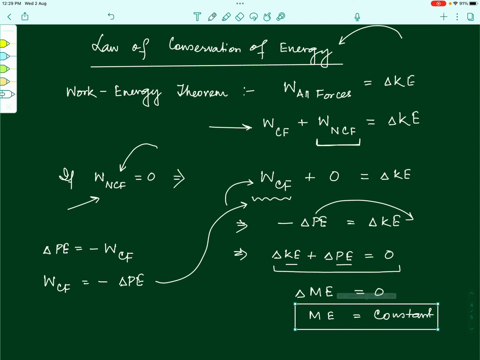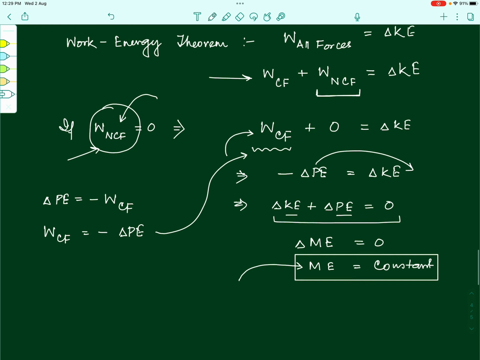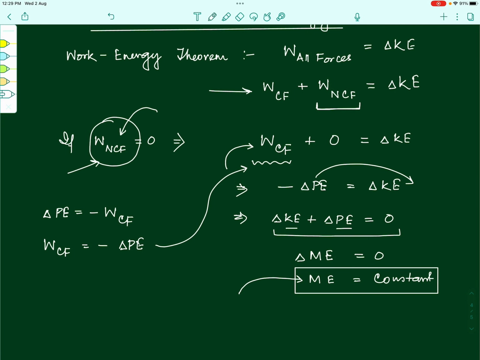What is the law? It says that if no non-conservative forces are doing work on the system, then the total mechanical energy of the system remains constant. What is the total mechanical energy? Mechanical energy, we all know now, contains two types of energies. One is the kinetic energy and the other is the potential energy.